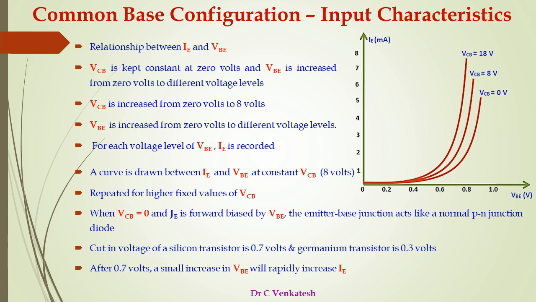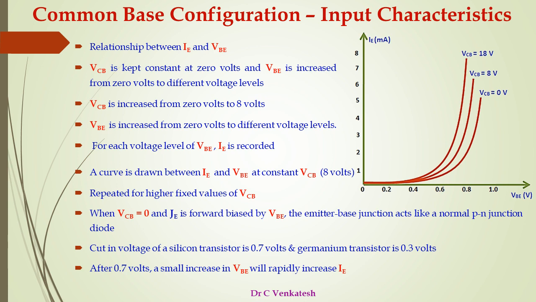For each voltage level of the input voltage VBE, the input current IE is recorded on a paper or in any other form. A curve is then drawn between input current IE and input voltage VBE at constant output voltage VCB. The figure shows the input characteristics of a common base configuration.